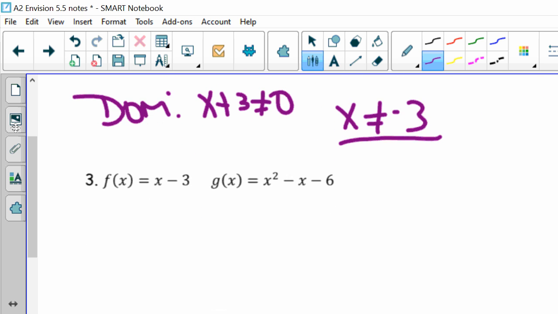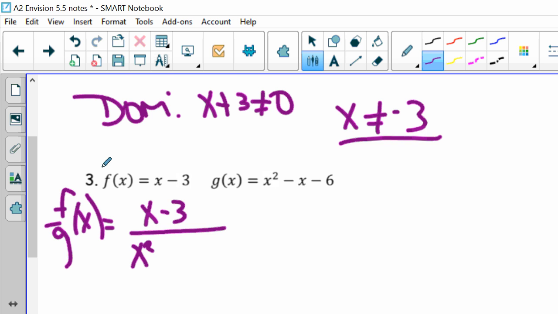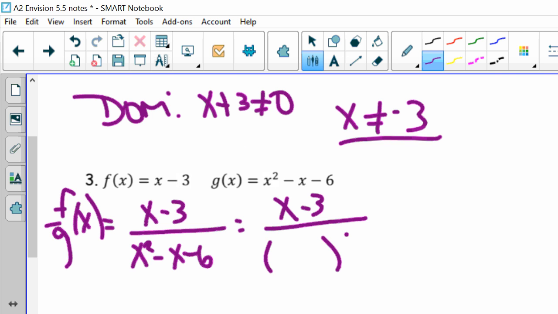F of x equals x minus 3. G of x is x squared minus x minus 6. So f divided by g of x is x minus 3 over x squared minus x minus 6. The top can't factor. The bottom, we're going to see if we can factor. What can I multiply together to get negative 6 but add to get negative 1? That's going to be a negative 3 and a positive 2.